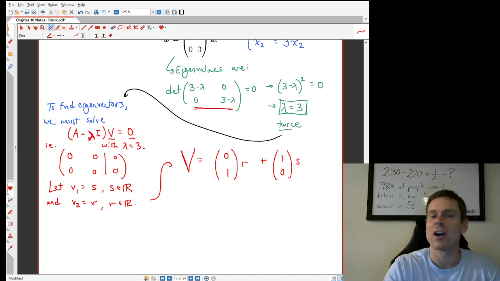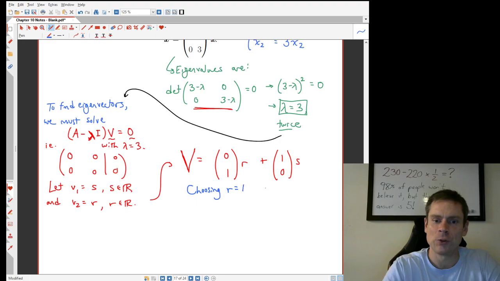You can choose the r and the s to be whatever you want them to be, as long as they're not 0, so that we get non-zero solution vectors. But I'll choose them to be 1 to be as simple as possible. You should be able to choose them to be whatever you want, as long as the two different solution vectors that you get are linearly independent from one another.